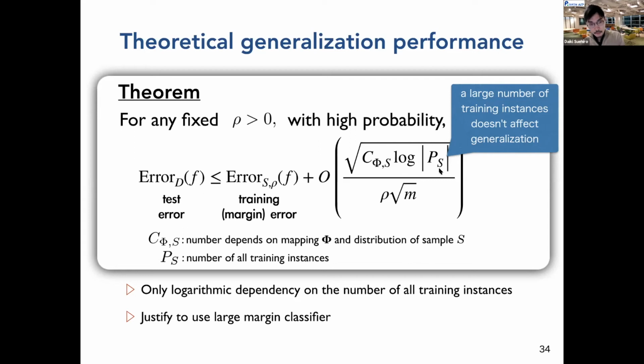It means the number of all patches or number of all subsequences appearing in the training sample. But this is only logarithmic dependency. It means that a very large number of training instances does not significantly affect generalization performance. And moreover, this theorem justifies the use of a large margin classifier.